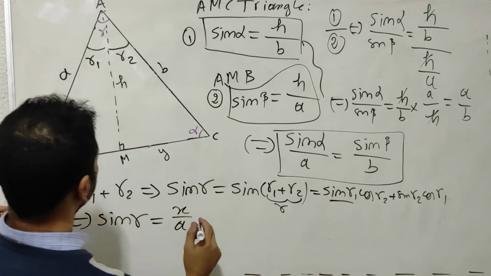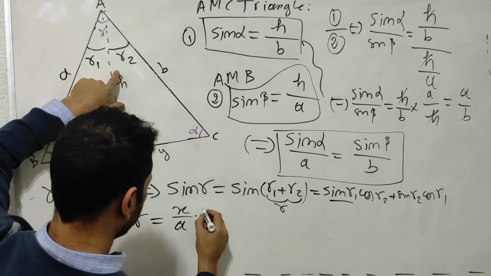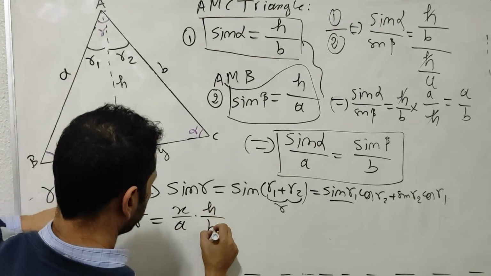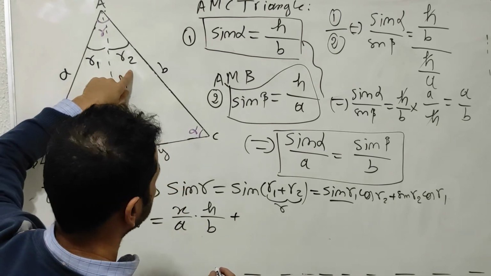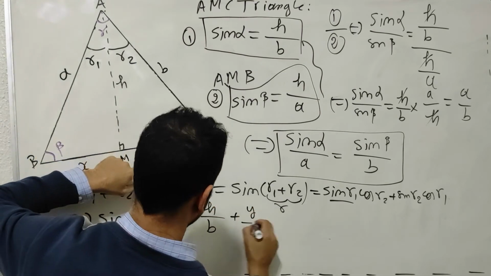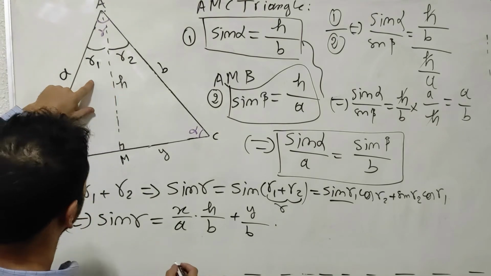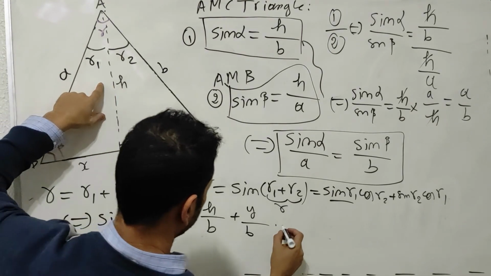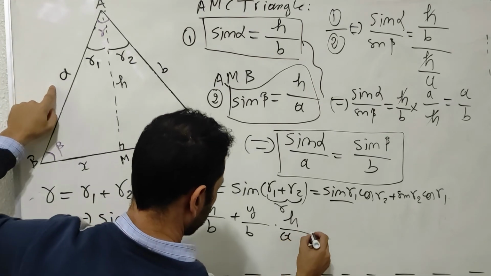For cosine gamma 2, we have the adjacent, which is H, over hypotenuse, which is B. Plus, for the sine gamma 2, we have the opposite, which is y, over hypotenuse, which is B, multiplied by cosine gamma 1, which is adjacent, which is H, over hypotenuse A.